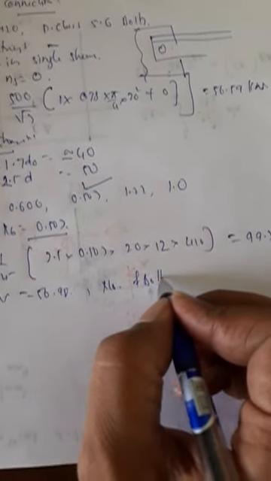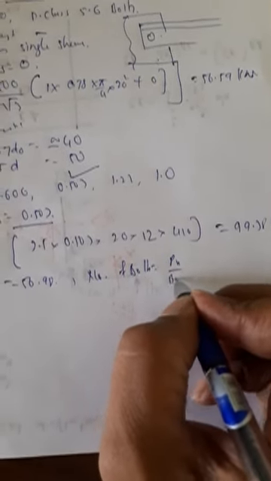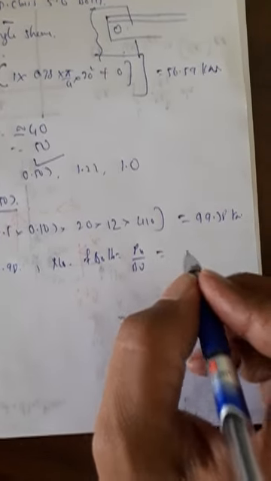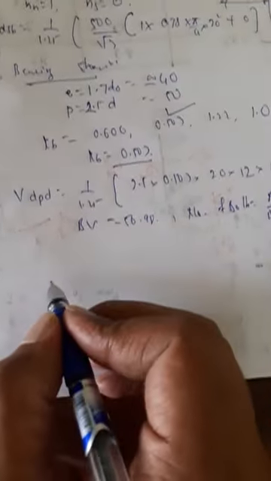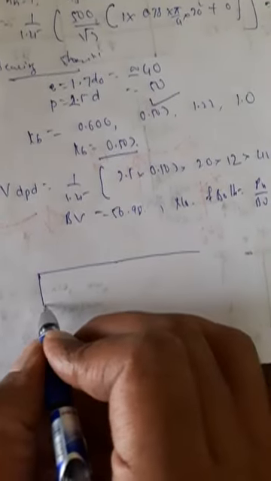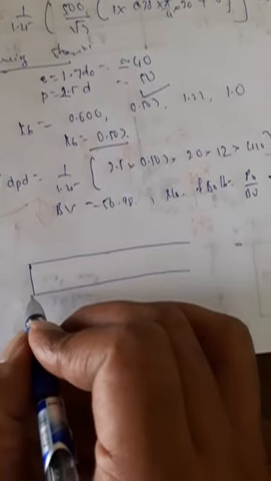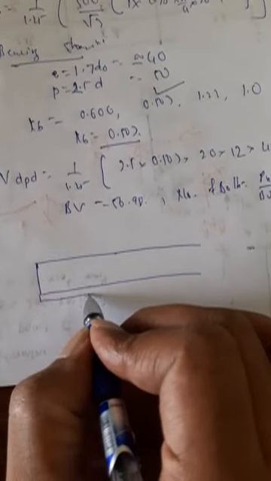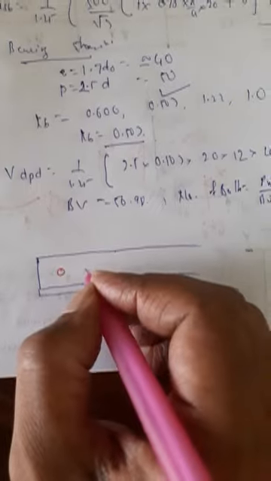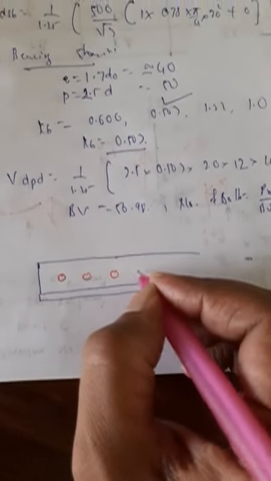Number of bolts is equal to PU by bolt value. So PU is 225, bolt value is 56.59. You get 4 bolts. Now you have to show the connection details. So 4 number of bolts you have to provide. 1, 2, 3, 4.